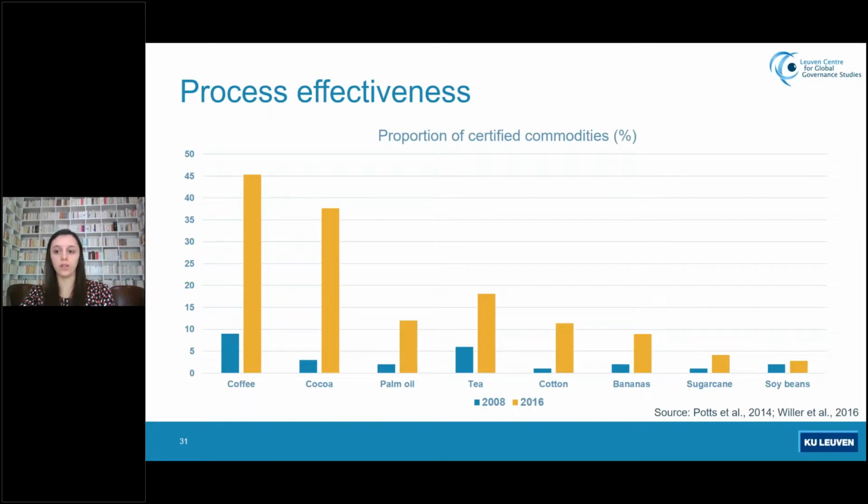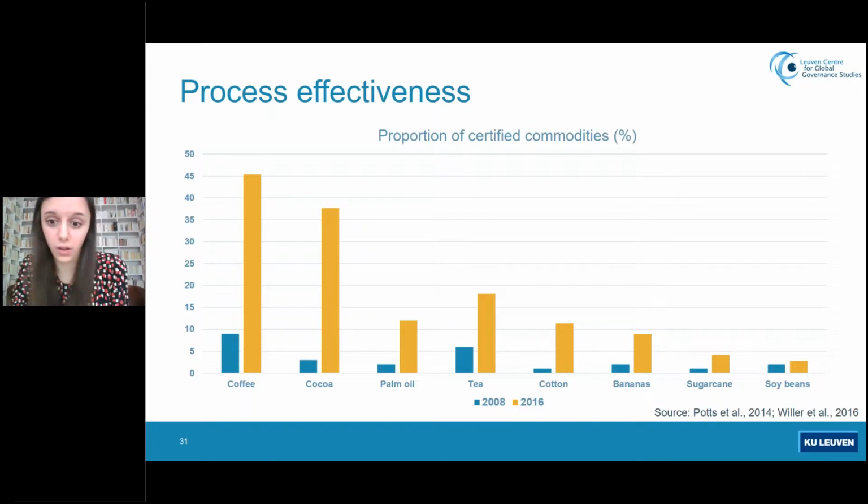So you can see on the slide, for the coffee sector, it's really striking, because you see that in 2008 there was about 9% of the global production of coffee that was certified, and in 2016 this proportion jumped to over 45%.